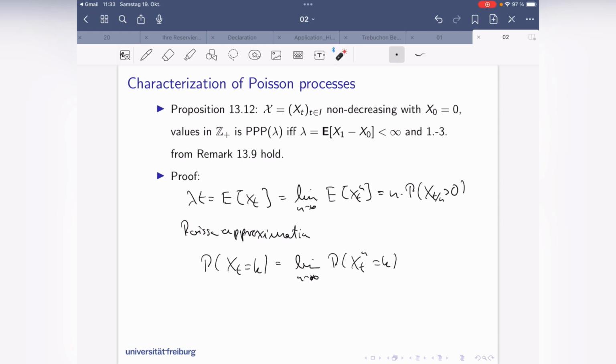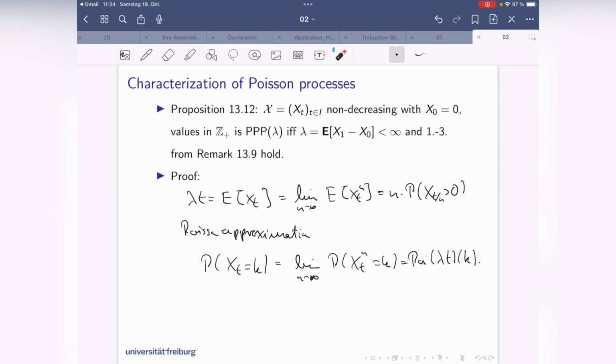So that has the binomial distribution, which converges to the Poisson. So the result is Poisson with parameter lambda t of k. And we have shown that X_t must have a Poisson distribution. And we have shown everything.